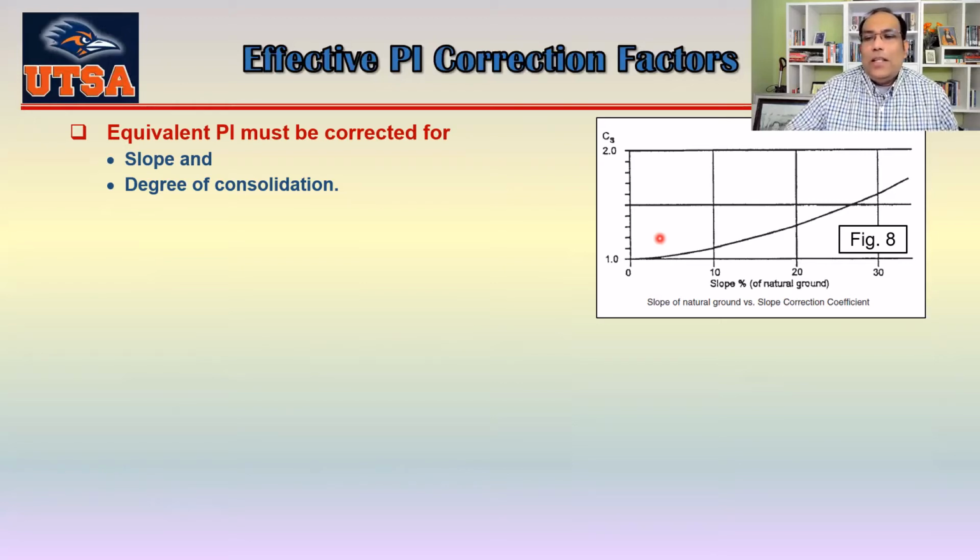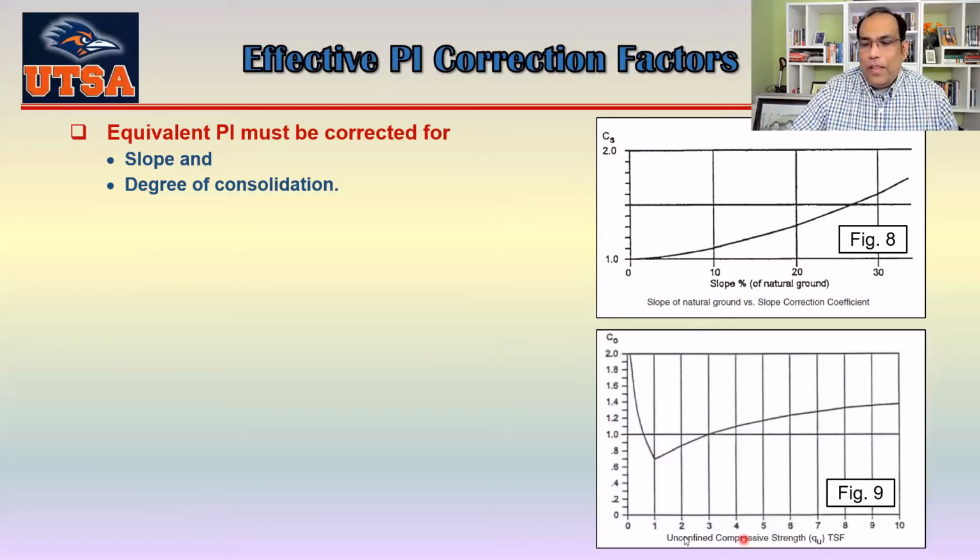So here you can see this is your slope of the natural ground, and this is your CS, okay. So CS, when there is zero slope, equals 1. If it goes up and up, then you can see your CS is increasing, okay. So that's one of the things you have to consider. The second thing is the unconfined compressive strength.